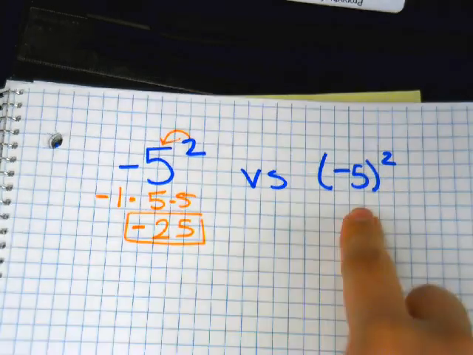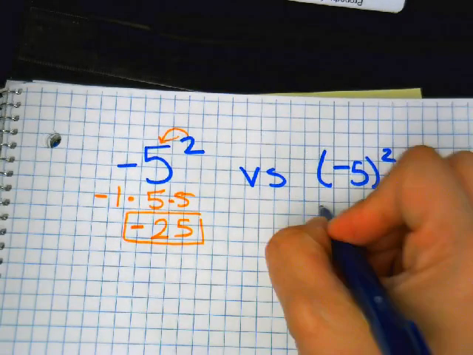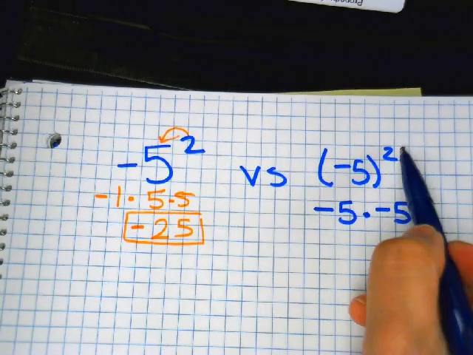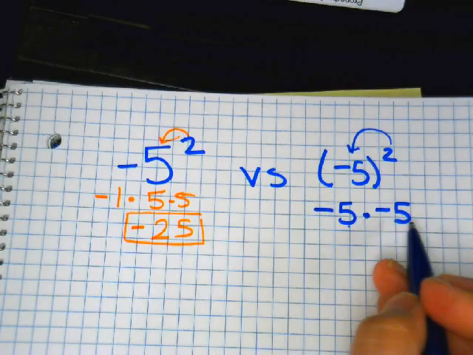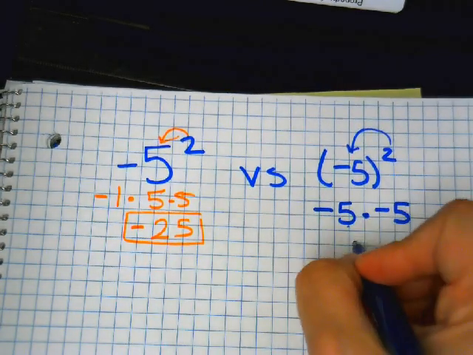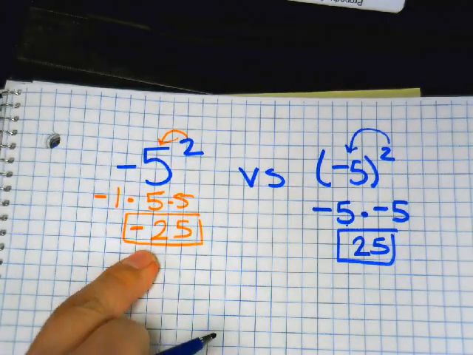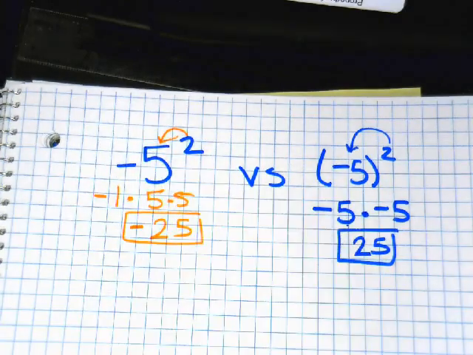But this one is negative 5 times negative 5. Here, you're going to repeat what's inside the parentheses twice and multiply. This gives you a positive 25. The other gives you a negative 25 because the exponent is just on the 5, not on the negative.